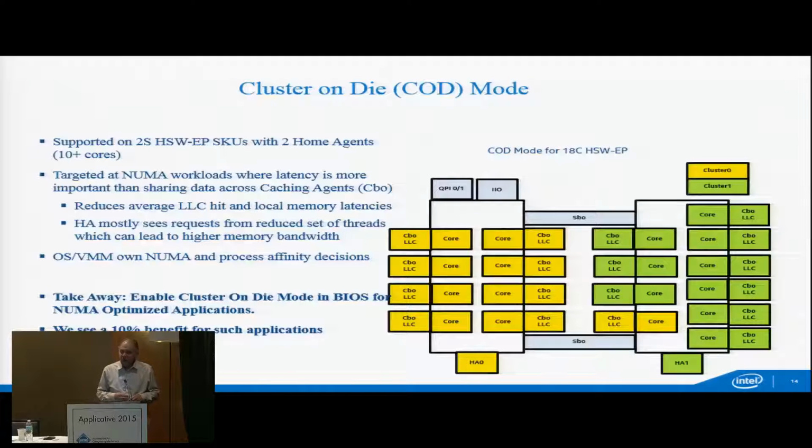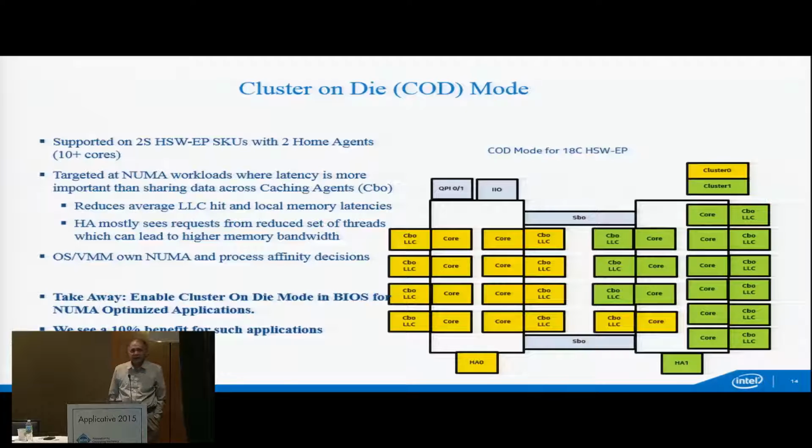There is another one called cluster on die, and this is what we introduced in Haswell. What we do is we take one socket and we break it. So here you see, this is for 18 cores. We have 4 and 4 and 4, 12, and then we have 6 out here. So we took 8, and then we broke it up this way.